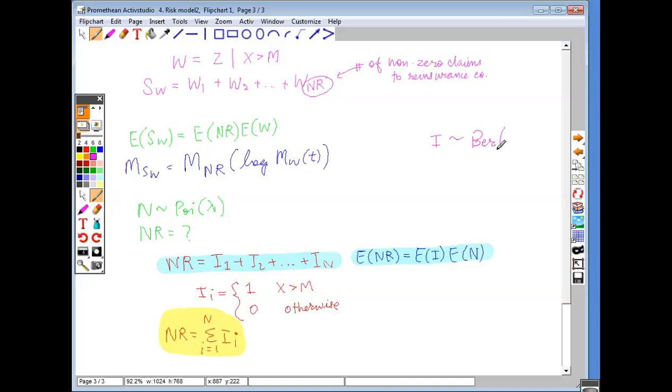What do you guys think? Ma'am, will it be binomial with probability P being the probability X greater than 0? Okay. And what should I write here for the other parameter? Binomial has two parameters, right?